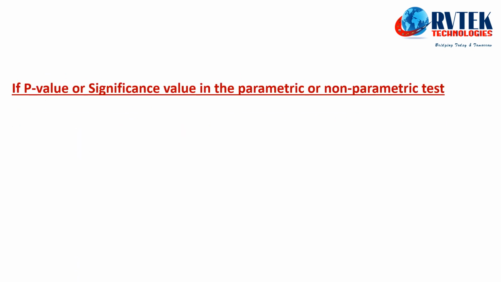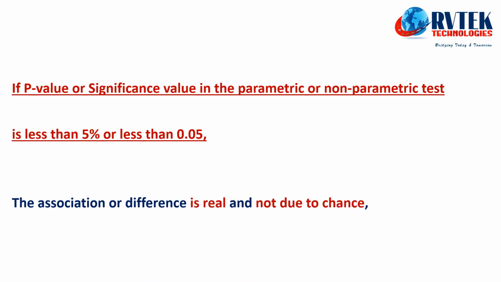If p-value or significance value in the parametric or non-parametric test is less than 5% or less than 0.05, the association or difference is real and not due to chance. So, statistically significant.